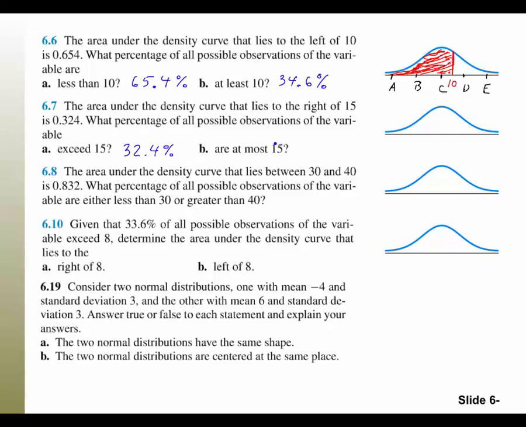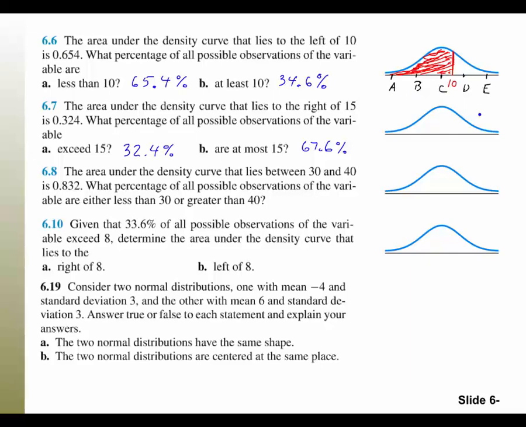At most 15. Scott, did you get it? 67.6. And so if I put that same scale, A, B, C, D, E, on here, where would you say 15 goes?